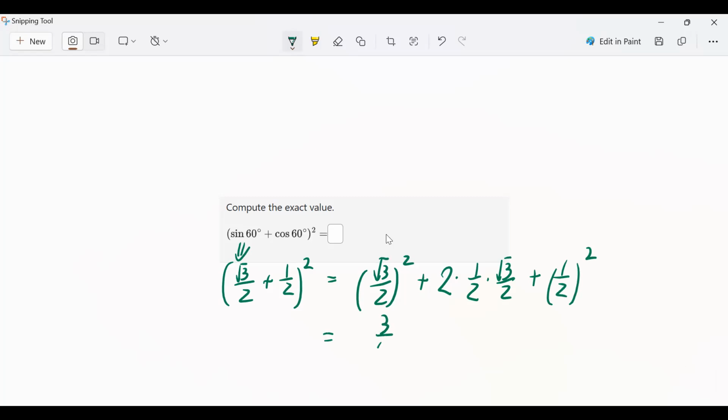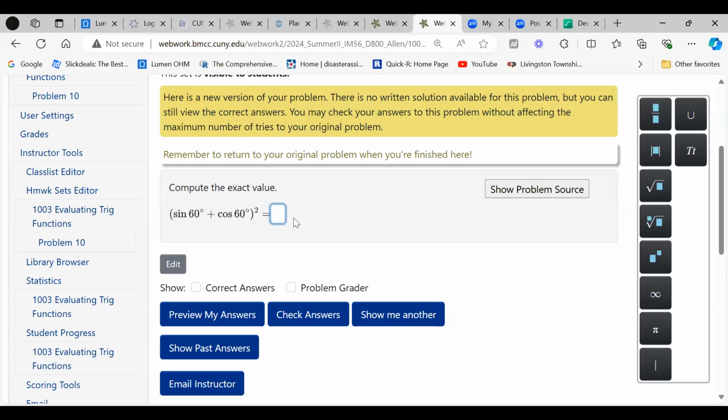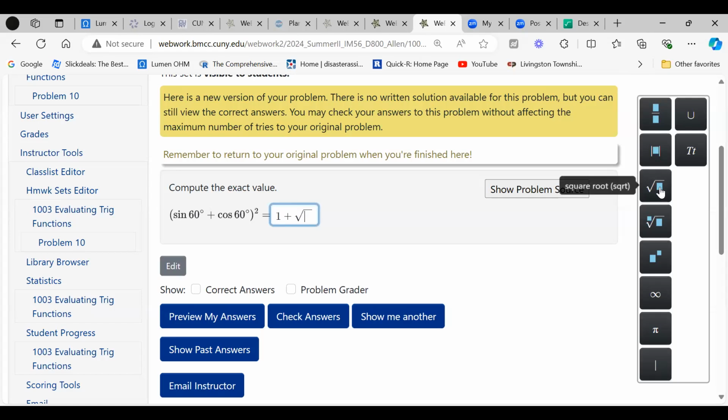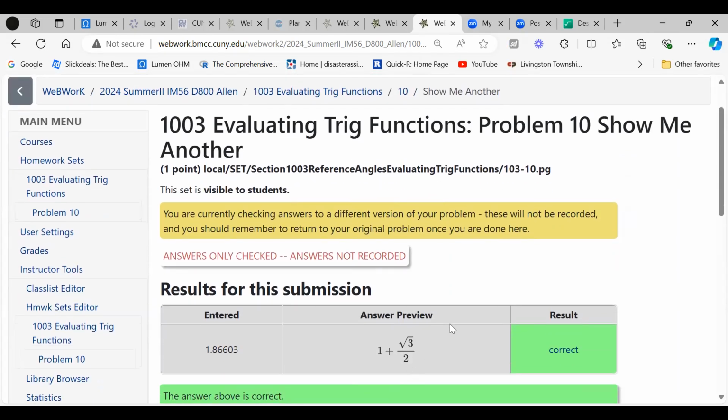So this is 3 over 4, this gets cancelled, radical 3 over 2, adding a quarter. 3 over 4 plus a quarter is 1. So it's 1 plus radical 3 over 2. That's the answer. Basically, just simplify once you locate all those values. Yep, it's good.